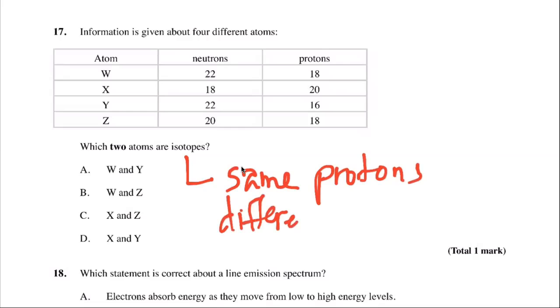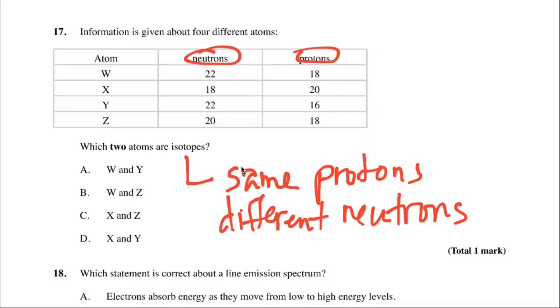So what we're looking for on here is which 2 atoms have the same number in the proton column, but different numbers in the neutron column. So we have to compare and figure out which pair of atoms is going to be the correct answer. Honestly, it's pretty easy.